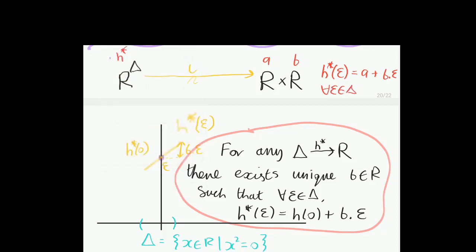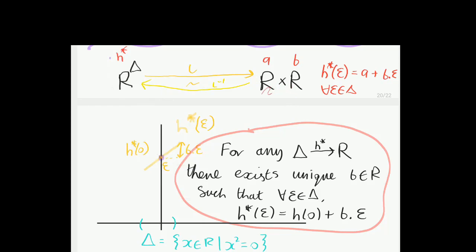And this L here is an isomorphism, okay? Basically meaning that it has an inverse, so we can sort of undo this operation quite easily. So this function L has an inverse, which we could call L to the minus 1. And it's easy to describe how this works, okay?